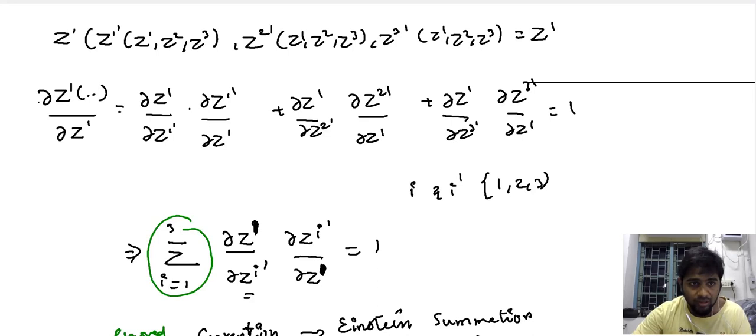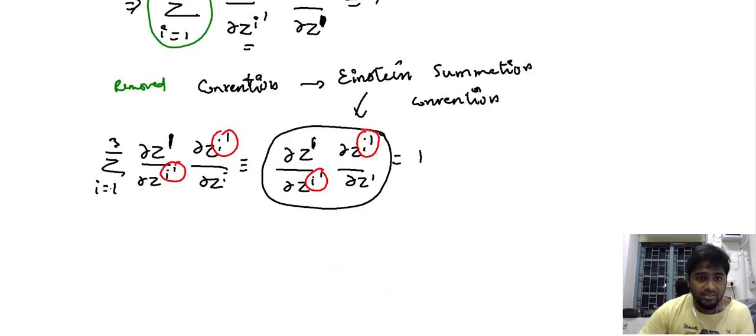for the partial derivative of z1 with respect to z1, as a function and as a variable. Now it is possible for us to write a partial derivative of z1 with respect to z2.